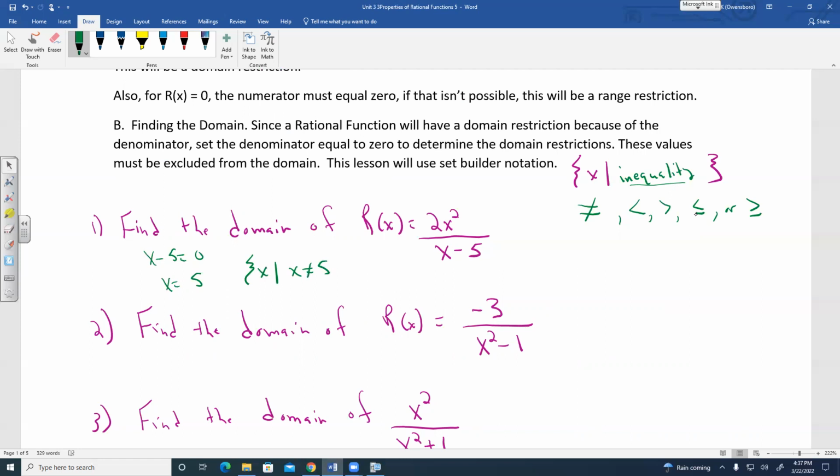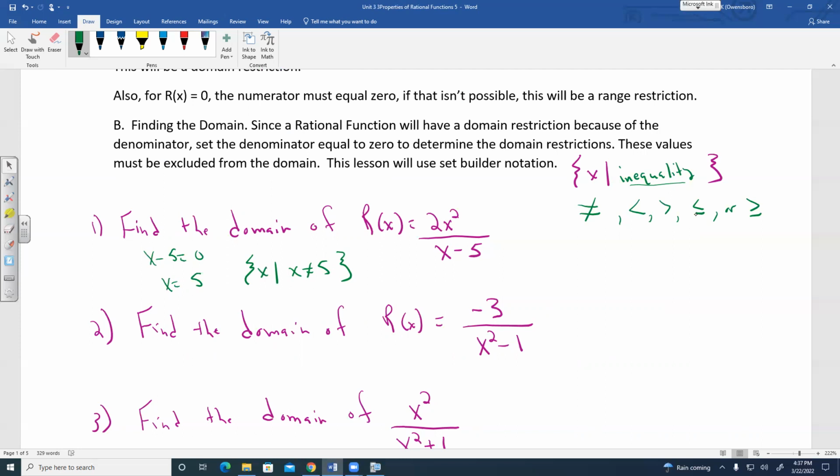So we write this inequality statement inside here. That means all numbers except 5 are our domain. So the set of x's such that x cannot equal 5. That means all numbers but 5. That's a simpler way of writing instead of that interval notation that we've had to deal with.